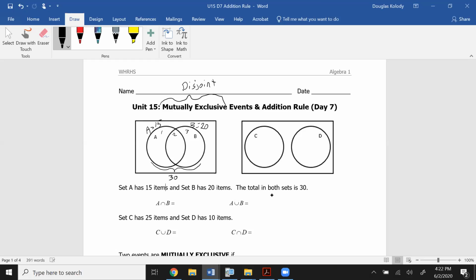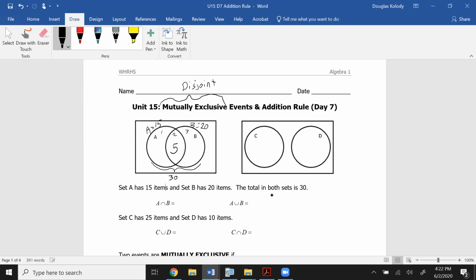So I know that 20 plus 15 is 35. 35 minus 30 gives me 5 extra numbers. Where shall I put those 5 extra people or numbers that are apparently part of both circles? How about right here in the middle?